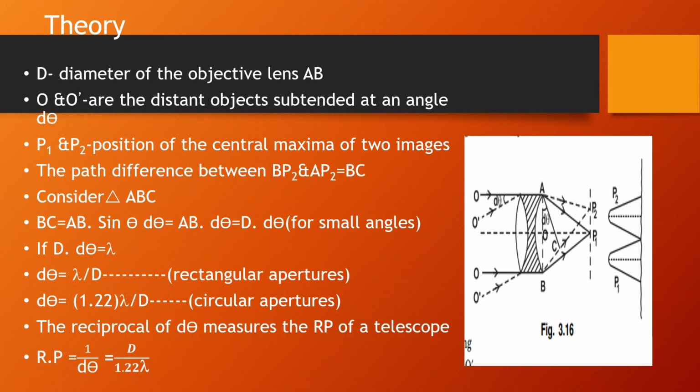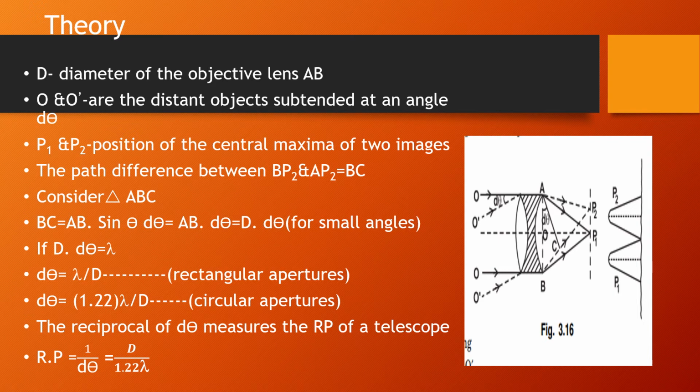Theory of the resolving power of a telescope. Look at the ray diagram. Let D be the diameter of the telescope with objective AB. O and O prime are the two distant point objects subtended at an angle d theta. The image of the object is a diffraction pattern.